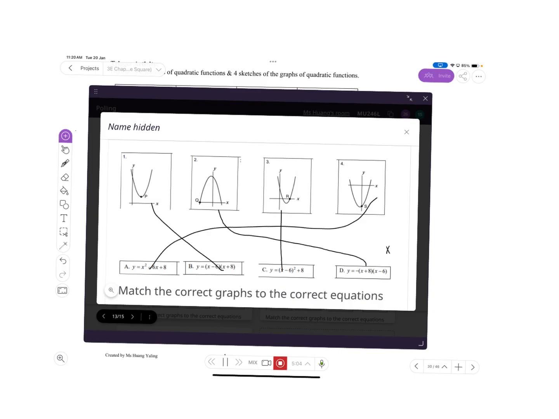Okay, and then if we look at the next one, the turning point is 6, 8, which is above the x-axis. So this first one is the one, because this is 6, 8.